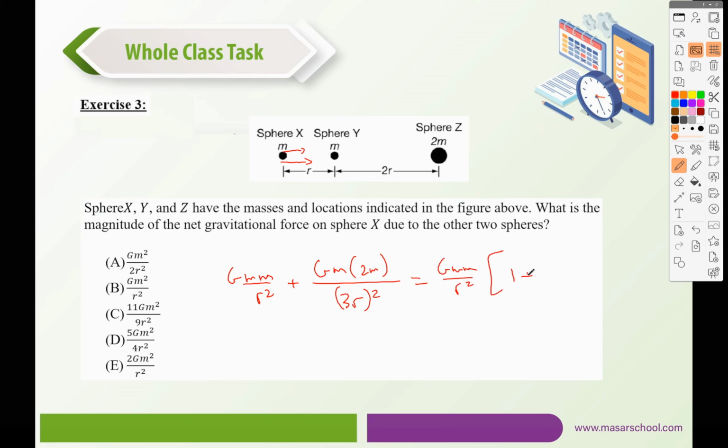That would be 1 plus 2 over 9, which is 11 over 9.